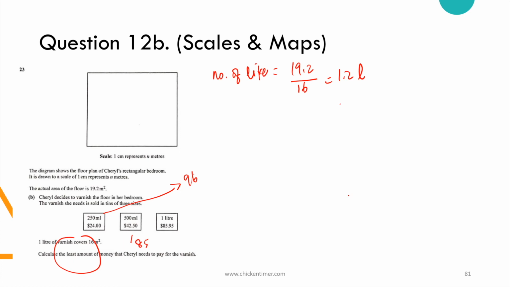So if she wants to buy 1.2 liters, she will have to buy 2 of the 500 ml ones because it's cheaper, right? Then after that, she will have to buy a 250 ml one. So that means it will be 42 times 2 plus 24, equals 109.